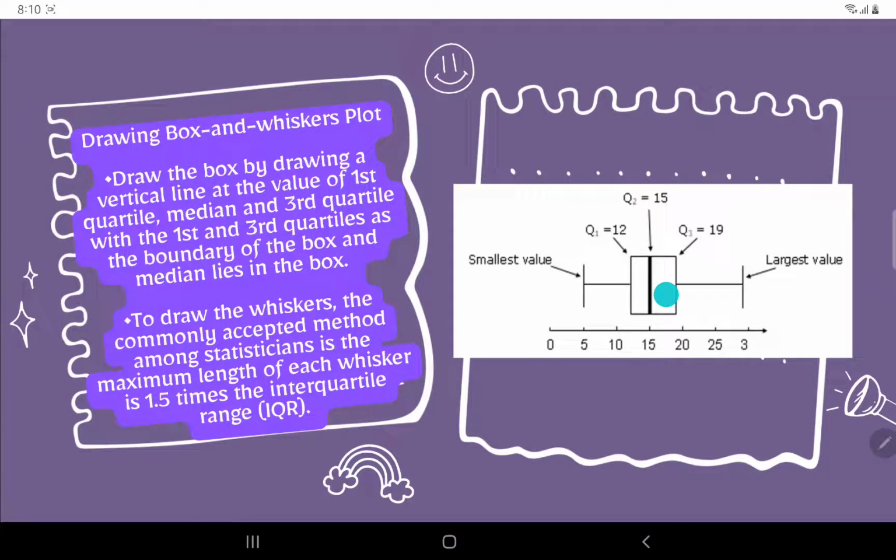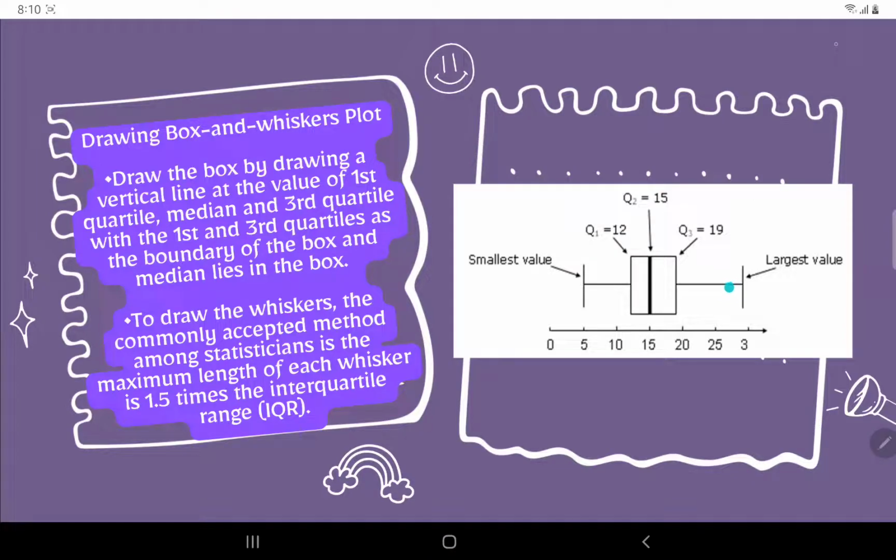Okay, the extreme end of the line, the line here we call it as whisker. This is the box and this is the whisker. Okay, the extreme end line, connecting the left side and the right side, is the smallest value and the largest value.